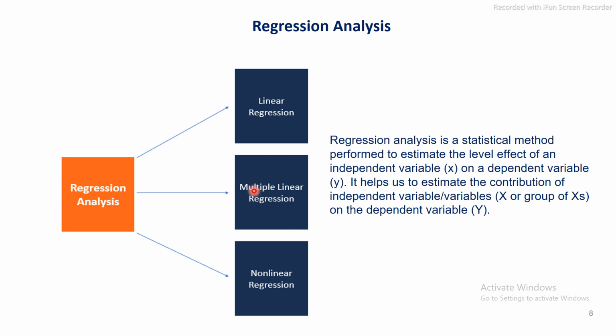But in multiple, as I already said, there will be one dependent variable and many independent ones, more than one. That we call multiple linear regression. Non-linear means it will follow some polynomial graph. So this is how you can define regression analysis. It is just the contribution of the independent variable on the dependent variable. You're just trying to find the estimate of contribution.